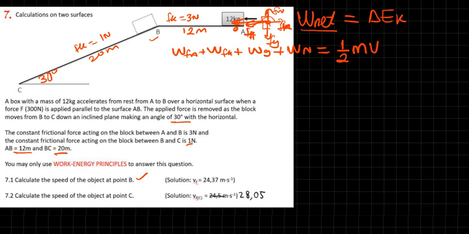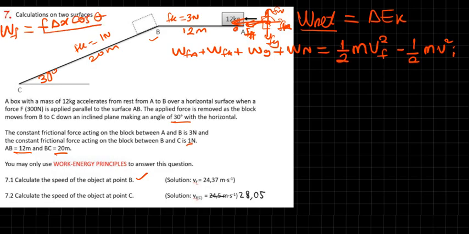which is half mv squared final minus half mv squared initial. The work done by a force is equal to that force multiplied by the displacement multiplied by the cos of theta.